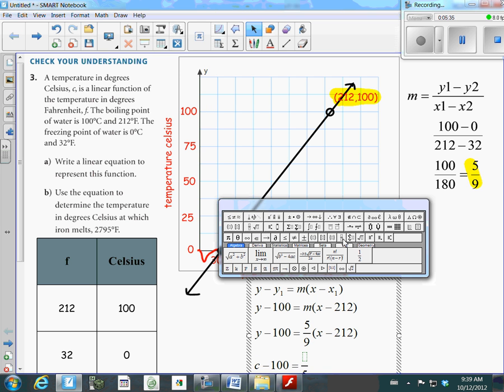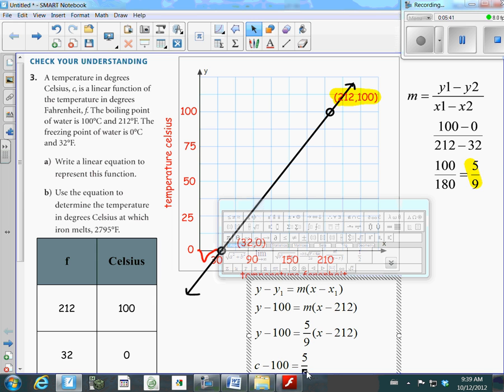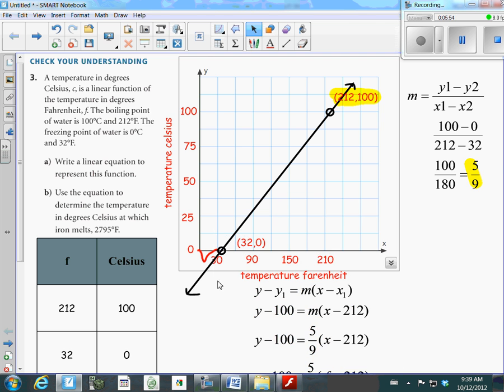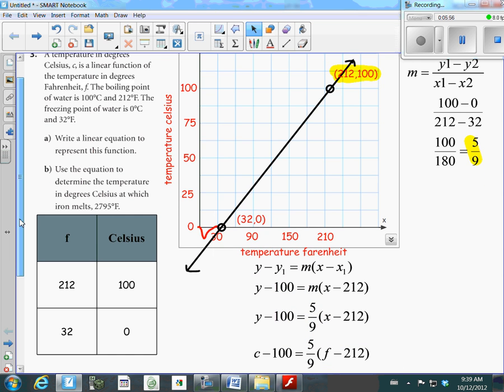Slope, whoops, 5/9. And X is being taken place by Fahrenheit, so we'll call that F minus 212. So let's get that on the page so you can see that. Okay.